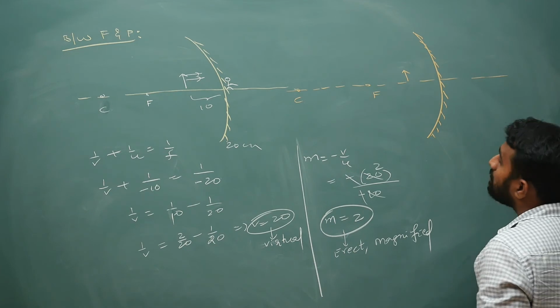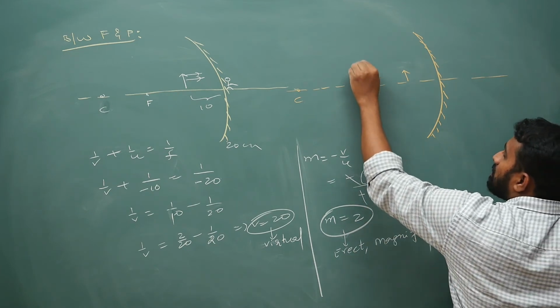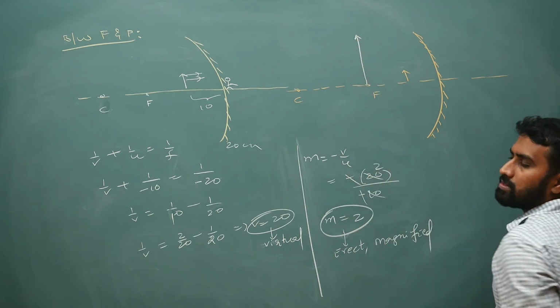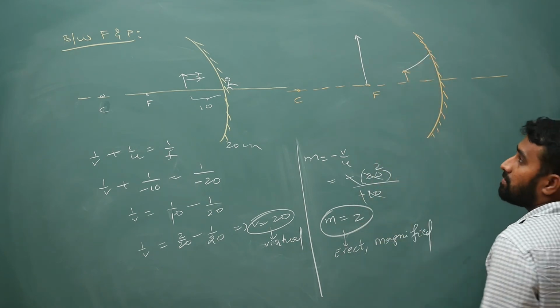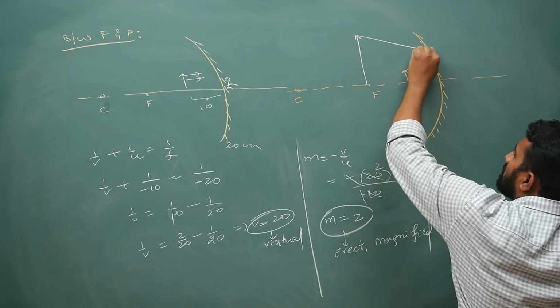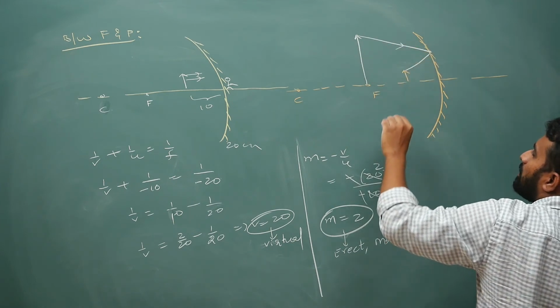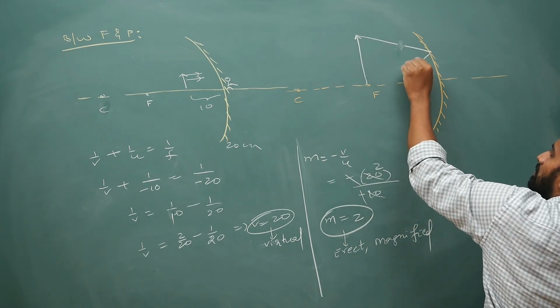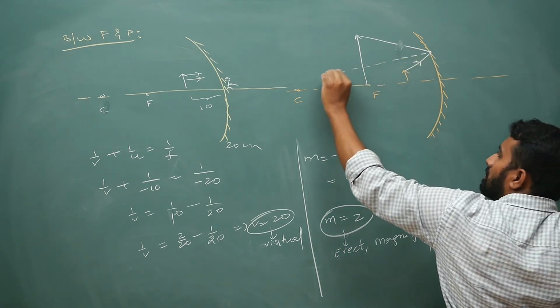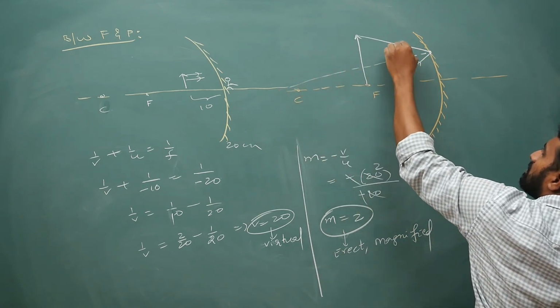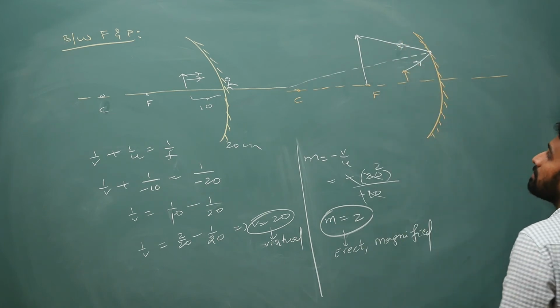You got the image at focus only, no issues. So a ray comes like this. In fact I should draw it reverse. A ray comes from the object, hits the mirror. This will be your center, reflects and meets at this point.